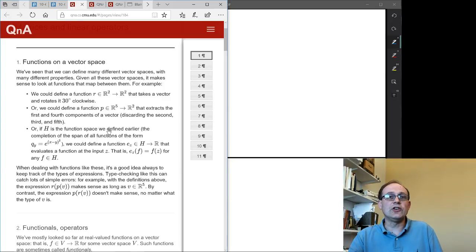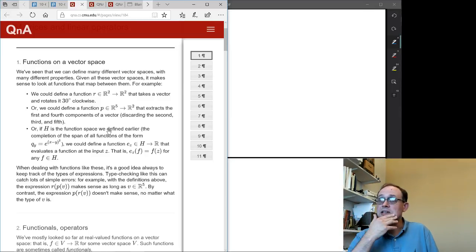And if you're trying to understand an expression that somebody else wrote down, it can help to type check it so that you know which vector space each one of the intermediate quantities is in. Right, and by type checking, I mean exactly that. Just go through the expression, look at all of the sub-expressions, and write down for yourself, or think in your head, what vector space each one of the intermediate quantities is in.